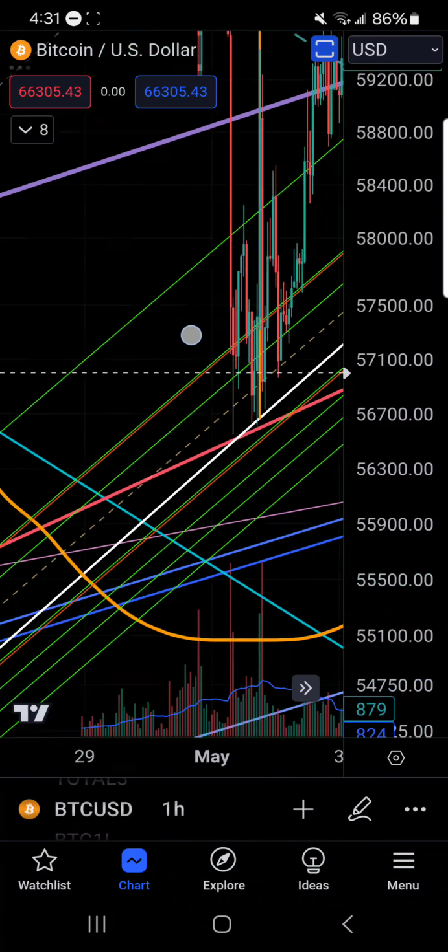It was key, apparently, that we held that as support. Once we did that, we came back up, and these are hourly candles.